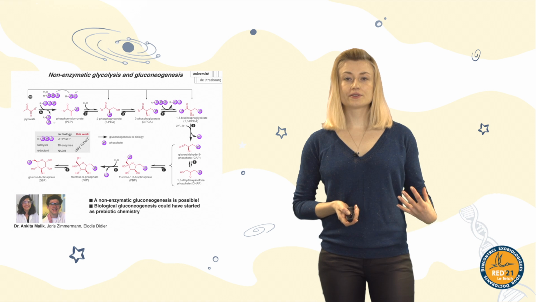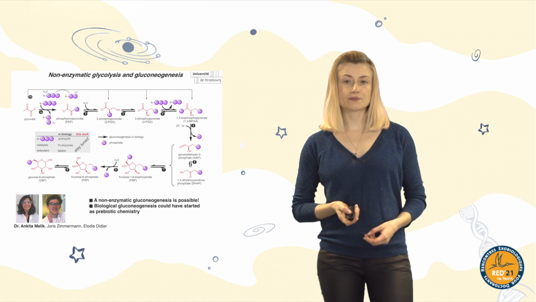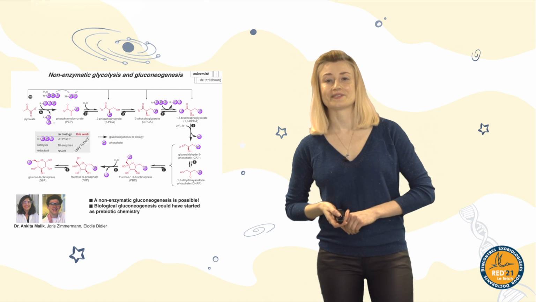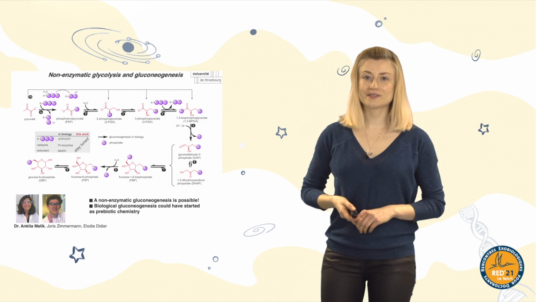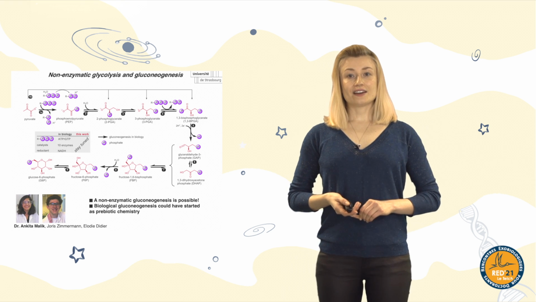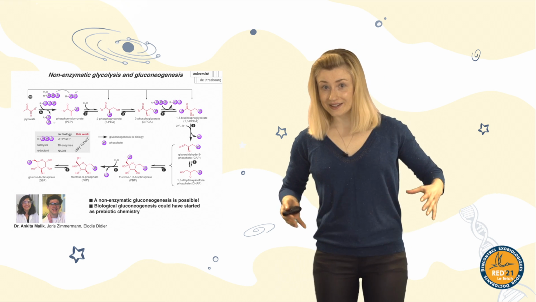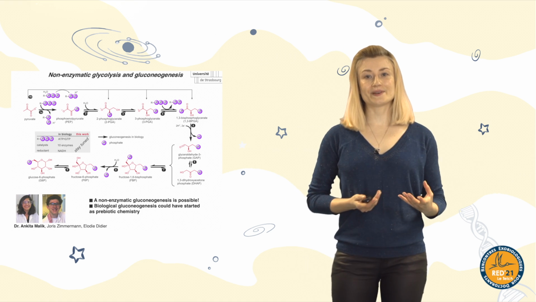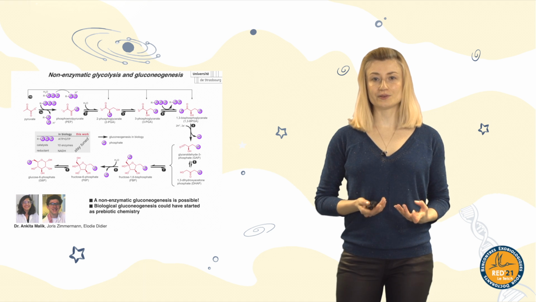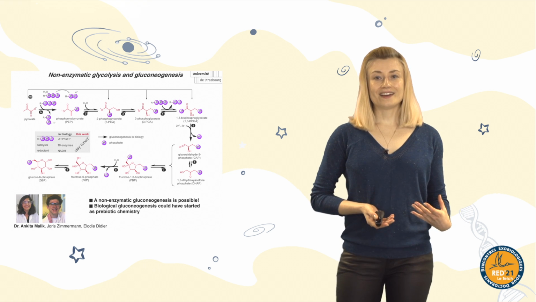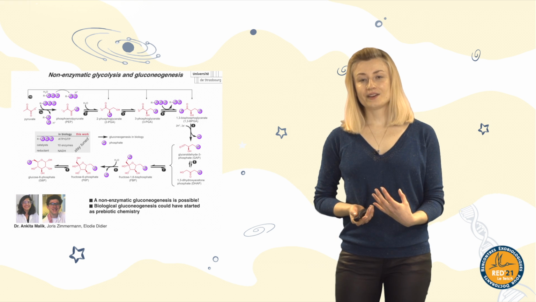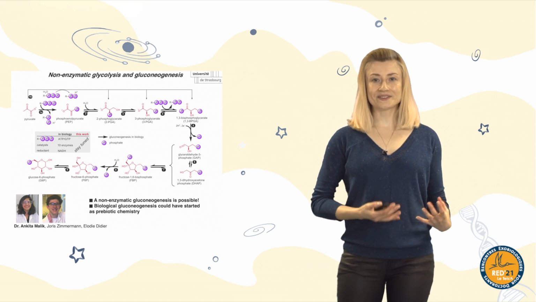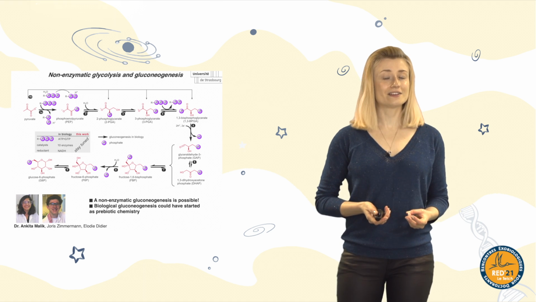So we've got a pentose sugar, which then becomes converted into a hexose, glucose. In our lab, there are two people who work on this project, a postdoc who has unfortunately just left, but she's found a really good job, so we're happy for her, and a PhD student, Joris. I cannot tell you details yet, but given that in nature all these steps are promoted by enzymes and they also use ATP for phosphorylation, we have managed to find a geochemically abundant source of phosphate and several metal salts which promote most of these reactions.